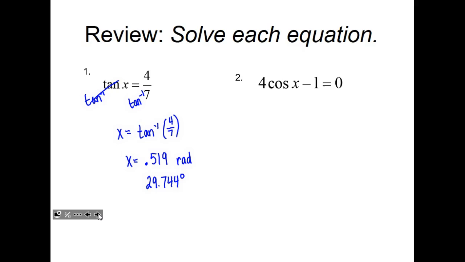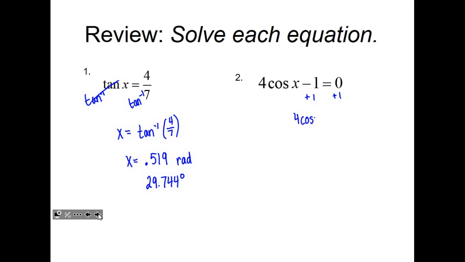Now, number 2, I'm not so sure we've done one exactly like number 2, but I bet we can figure out how to do it. Still, we're using our calculator for this. If I have 4 cosine x minus 1 equals 0, I want to get the x by itself. What do you think I should do first? I'm going to add the 1 first, then divide by 4.